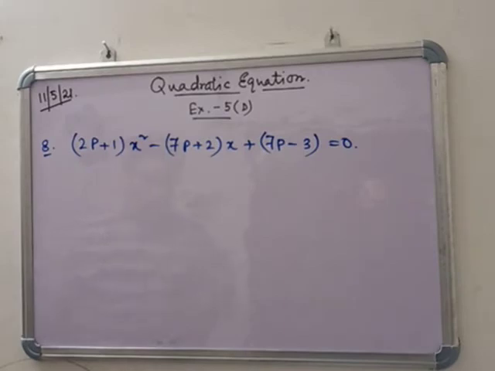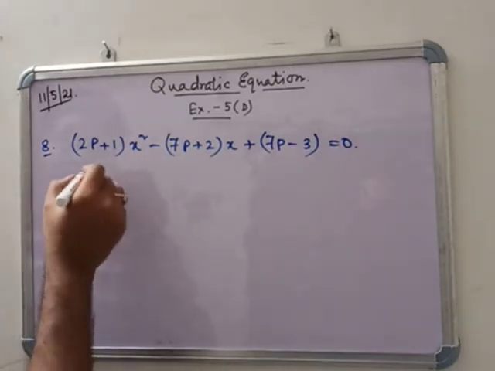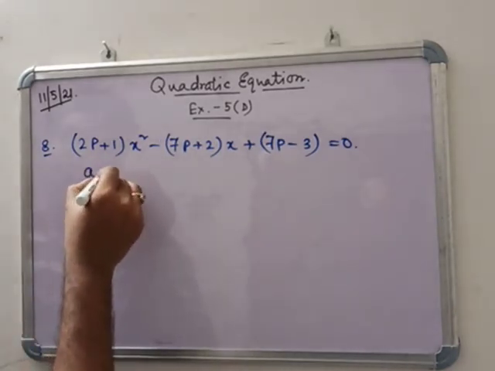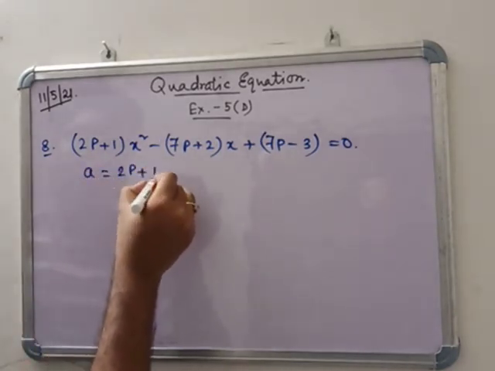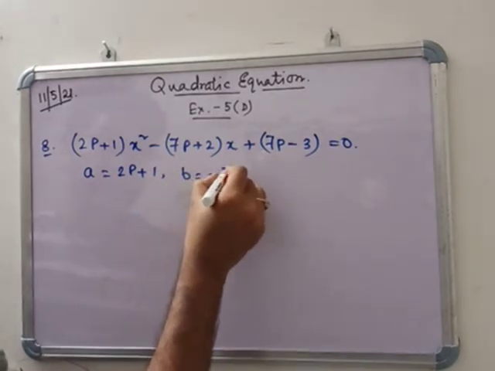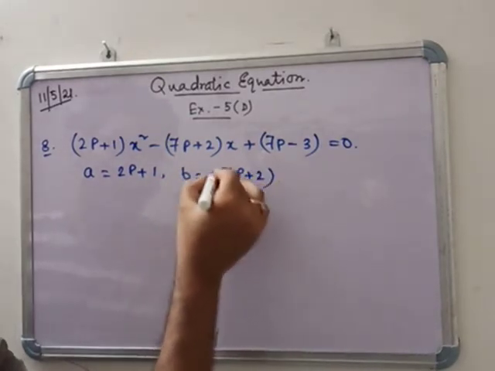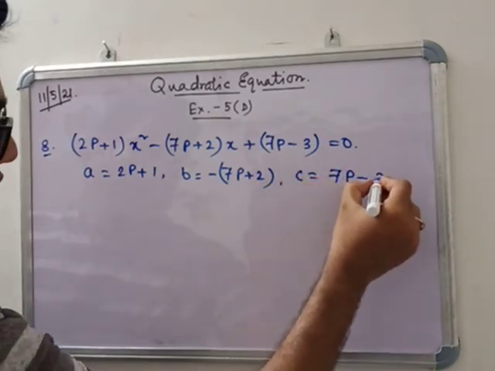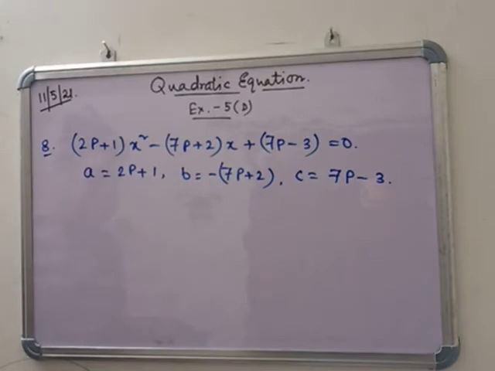So this is given. So now you have to write, comparing with ax square plus bx plus c equals to 0, we get a equals to 2p plus 1, b equals to minus 7p plus 2 and c equals to 7p minus 3. Okay.